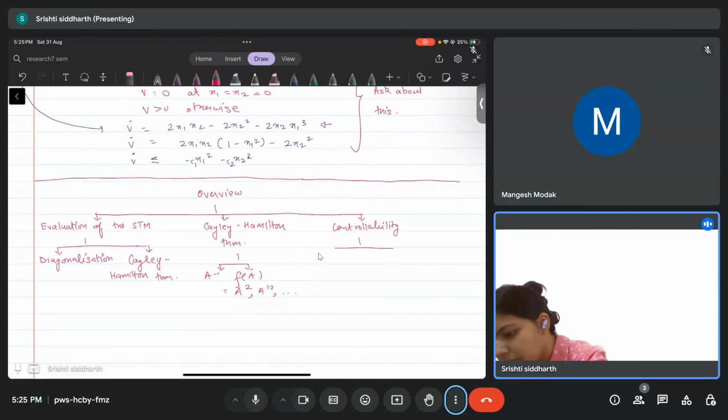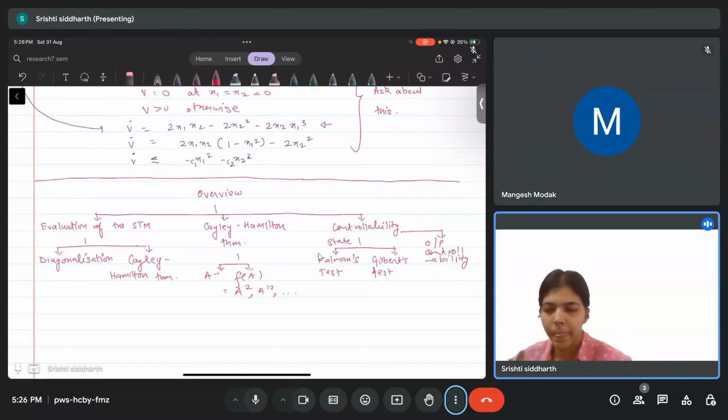In controllability, we have the Kalman's test, Gilbert's test for state controllability, and then we also have something called output controllability.